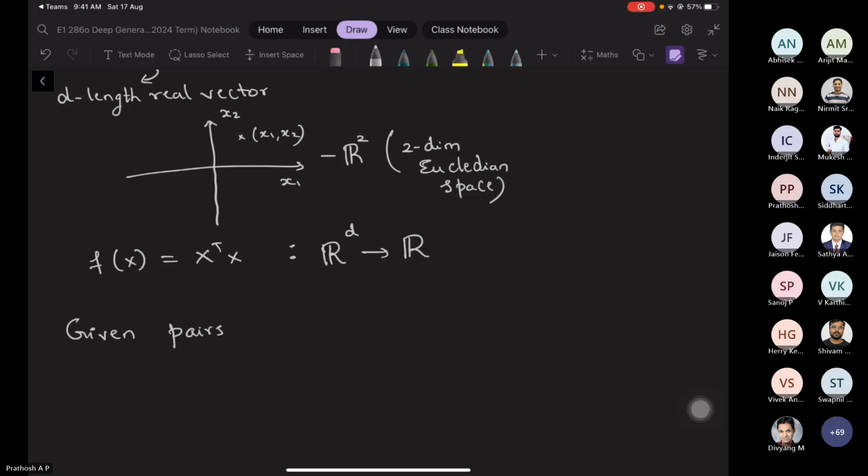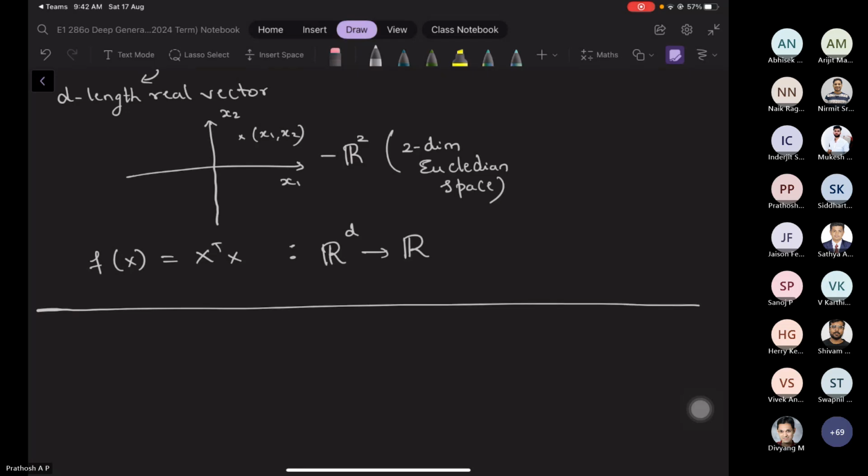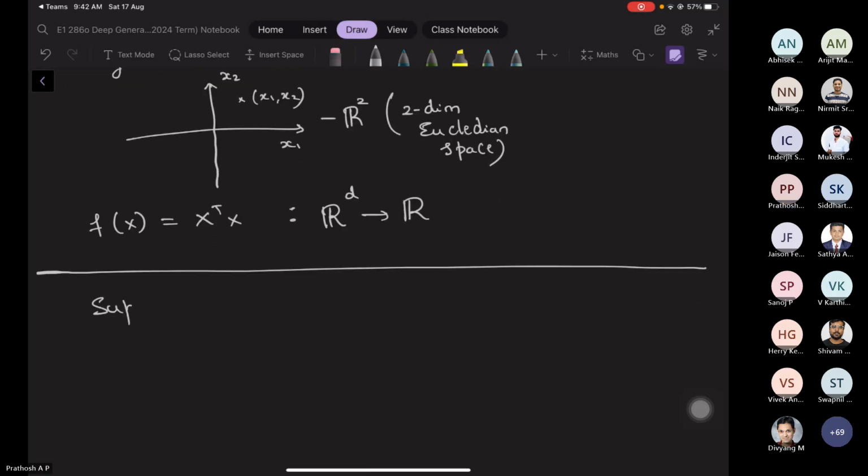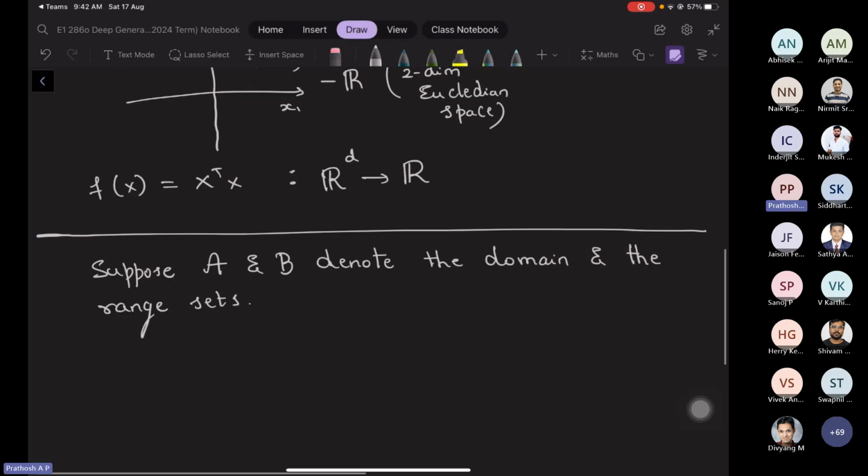And as I said, most problems in science and engineering are the following. Maybe I'll define it in a formal way. Suppose capital A and capital B denote the domain and the range set.